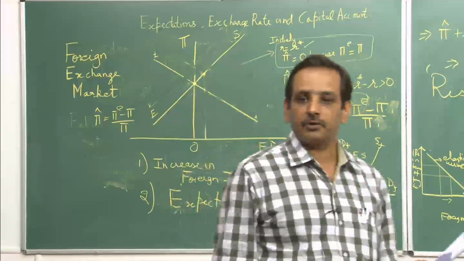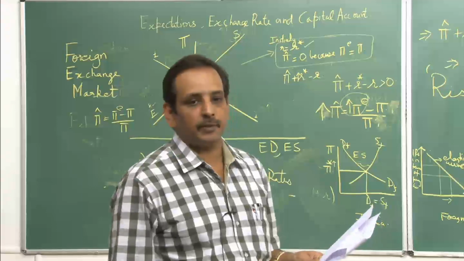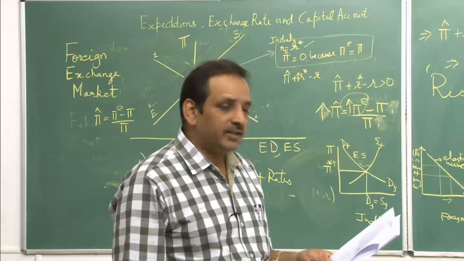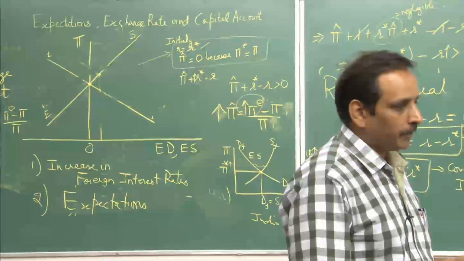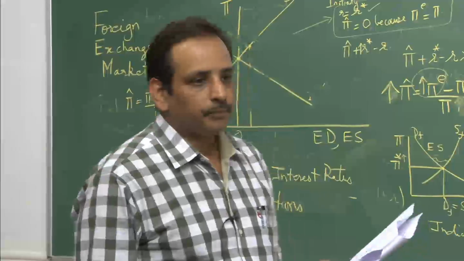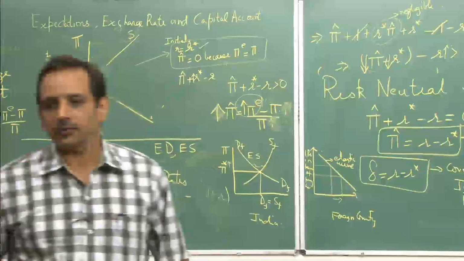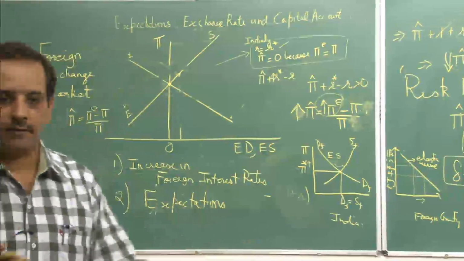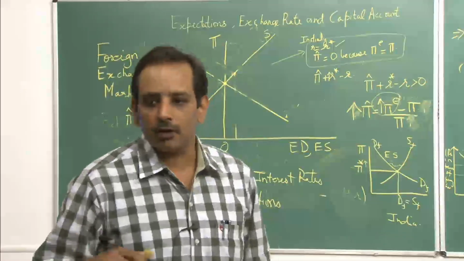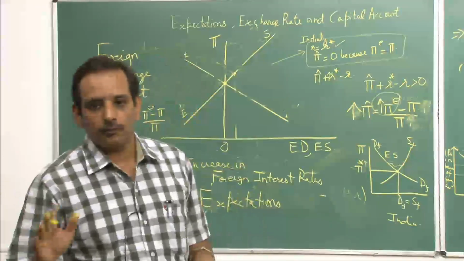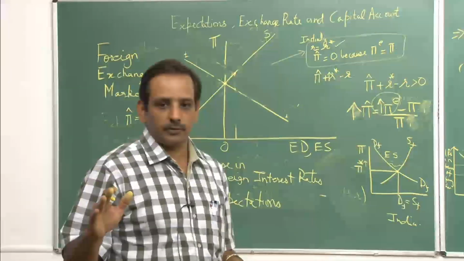Your currency depreciates or their currency appreciates, but it does not reach a point like P star. The reason, again, is that investors and speculators are risk averse, so they will not completely switch from domestic to foreign bonds.